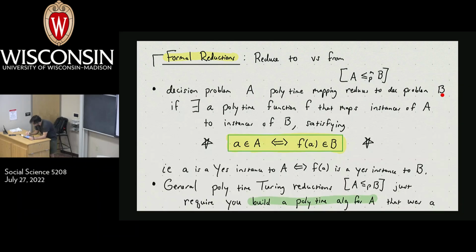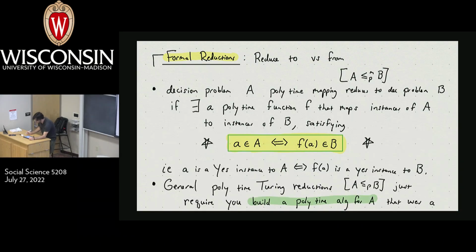So A is polytime mapping reducible to B if there exists a polytime computable function f that transforms inputs to the problem A into inputs of the problem B with the following property. If little a is a yes instance to problem A, this happens if and only if f(a), which is an instance of B, is a yes instance to the problem B.